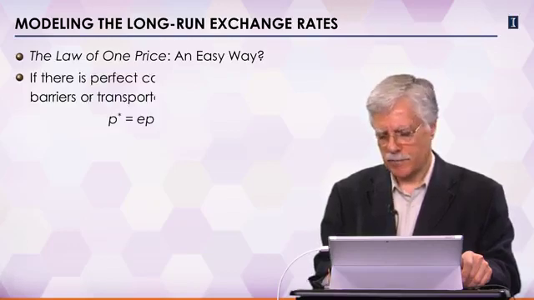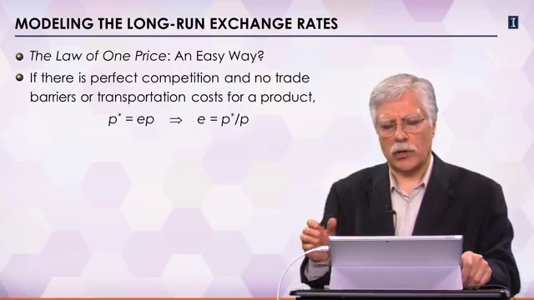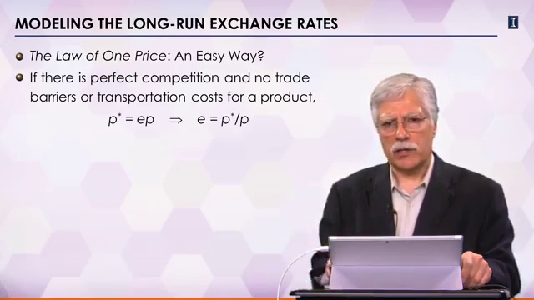The idea is this. Suppose there's a product that is being transacted under perfect competition, easily traded, no barriers to trade, and is being sold in two trading countries. Let's say P star is the price in the foreign country and P is the price level of that particular product in the domestic economy. And E is our exchange rate.